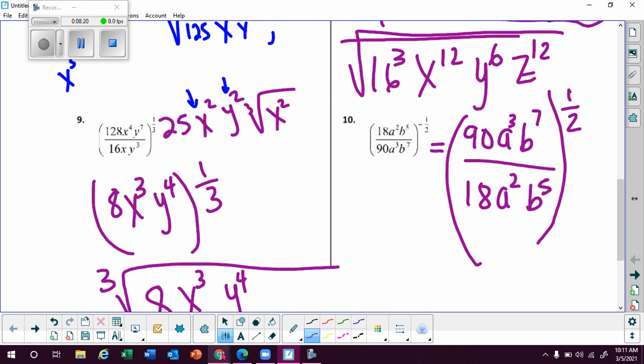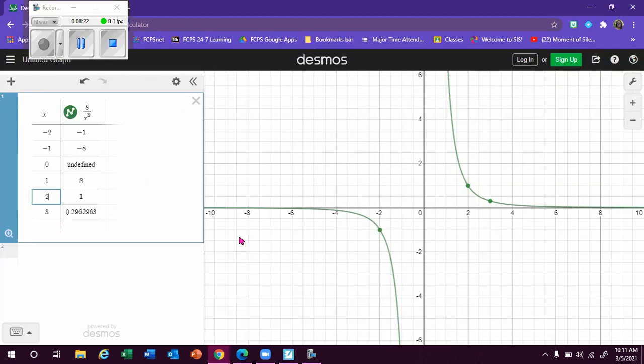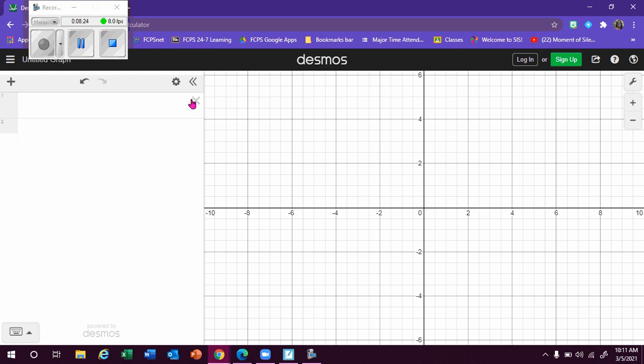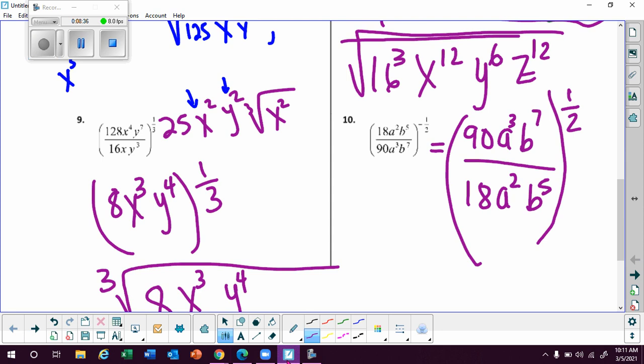So I'll open Desmos and say, is 90 divided by 18? Yep, it is 5. So what goes inside is going to be 5. When I divide this, I get 5, right? 90 divided by 18 is 5.